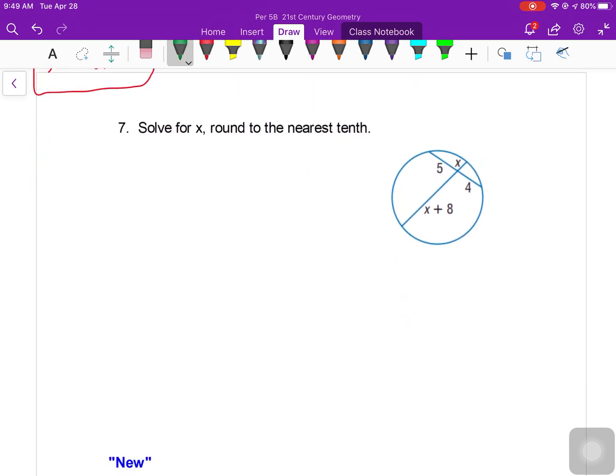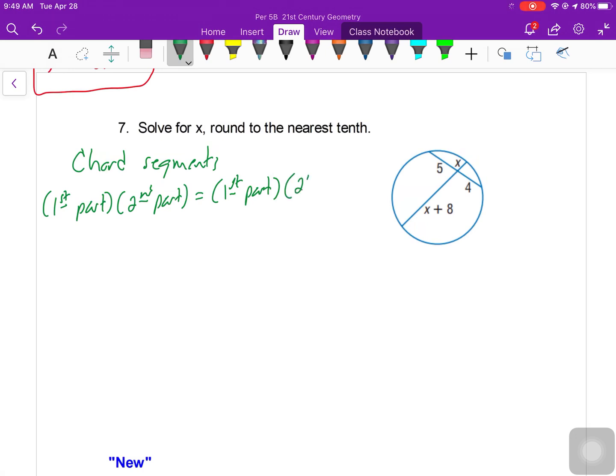One more review problem before we move on to something new. Now, in number 7, these were called chord segments. And the pattern we remembered for chord segments was first part times second part equals first part times second part on the other chord segment.